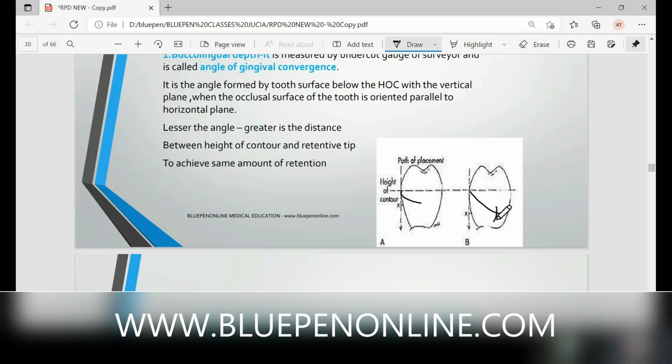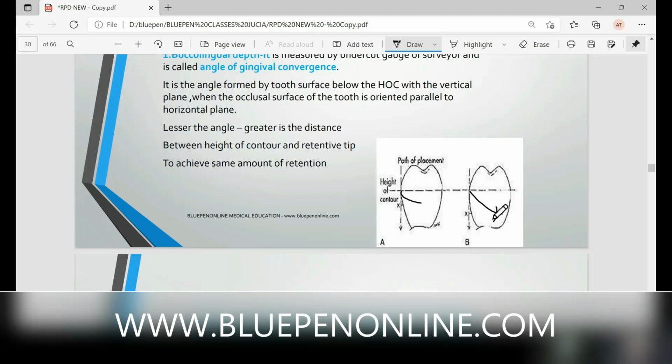When the retentive terminal ends somewhere here, look at the length of the clasp. The clasp length increases, which means when the angle decreases, the distance between the height of contour and the retentive tip increases in order to provide the retention.